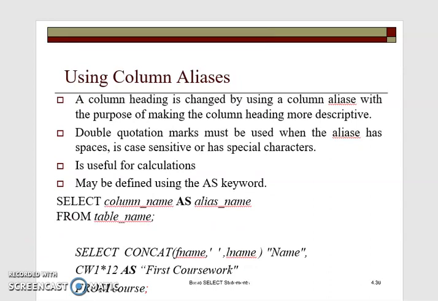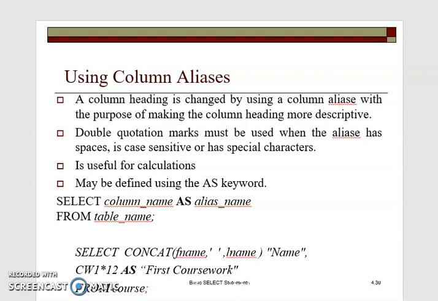Okay, so now using column aliases, we're saying that a column heading is changed by using a column alias with the purpose of making the column heading more descriptive. Double quotation marks must be used when the alias has spaces. So in other words, where you say first name, make sure that you use double quotes for that particular alias.